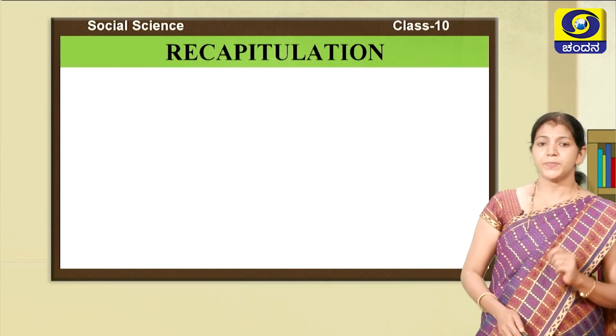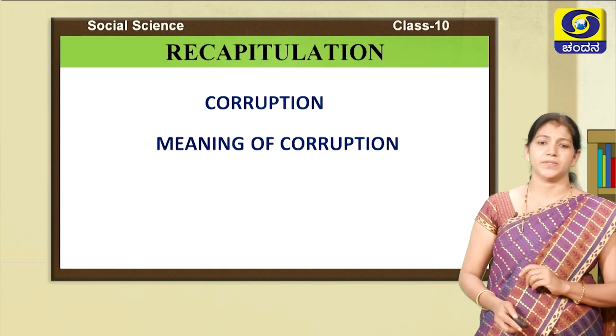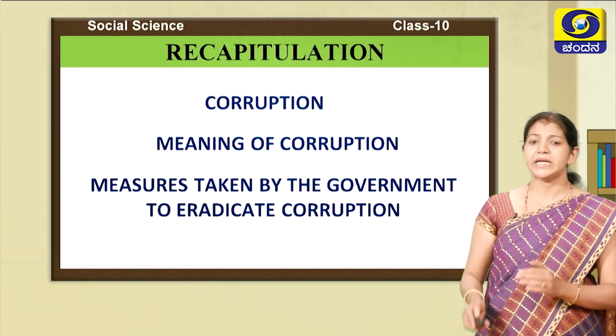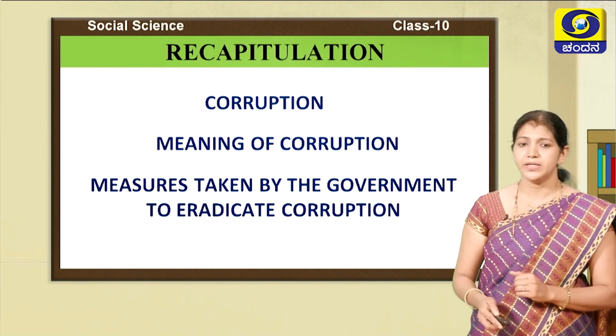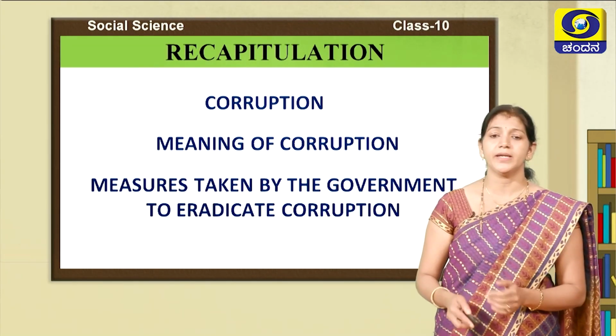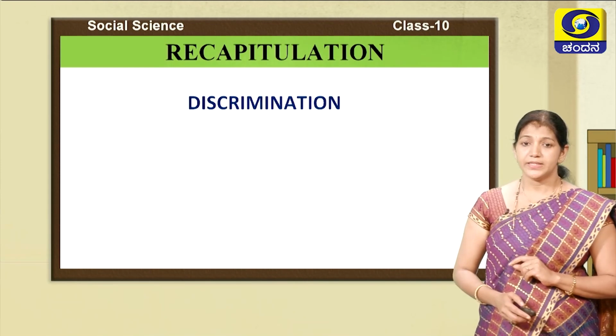Next, I explained the major problem of India, that is corruption. You understood the meaning of corruption, how it creates negativity in society, and which measures are taken by the government to eradicate corruption. Next one is discrimination.